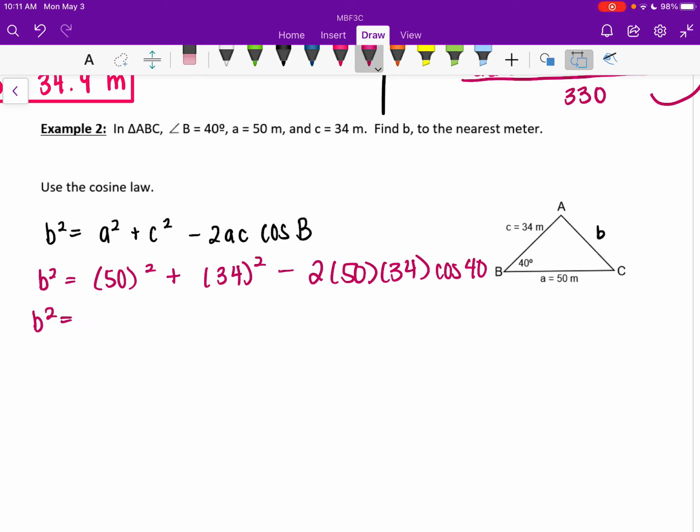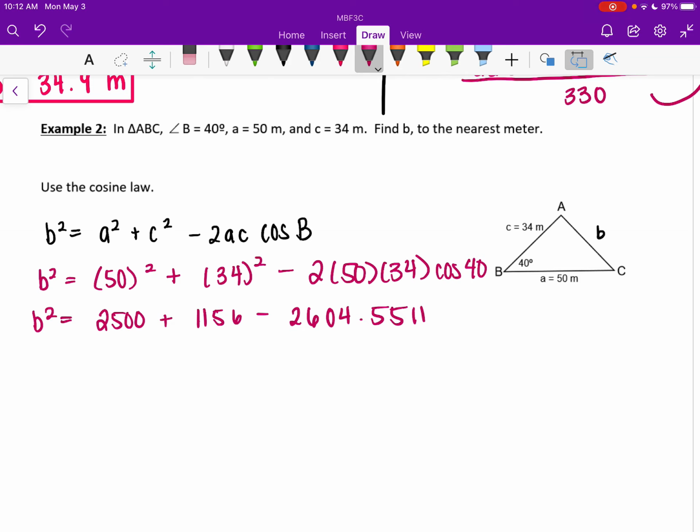So I have 50 squared, which is going to give me 2500, plus 34 squared, which is going to give me 1156, minus, and like I said, I'm just going to go put in 2 times 50 times 34 times cosine 40. I'm just going to put it all in one line. So I got 2604.5511, and I like to keep 4 decimal places, right?